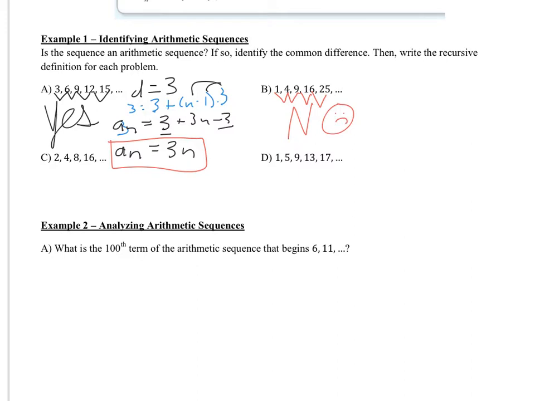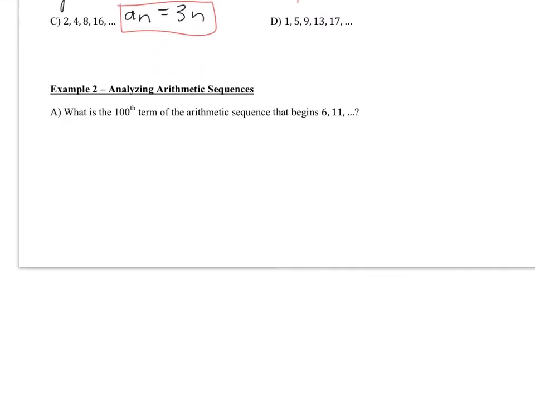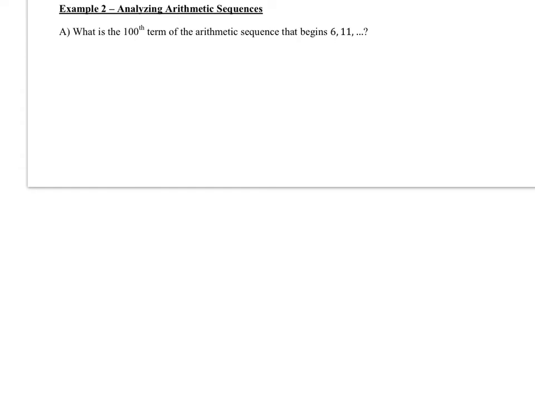Bummer. Next problem. I'm looking for my 100th term here. What I'm given here is my first term, which would be 6, and my second term, so that's why it's a sub 2 right there, which would be 11. Knowing that, I know my difference, what did I add here, would be 5. So first thing I'm going to do is find my recursive formula.